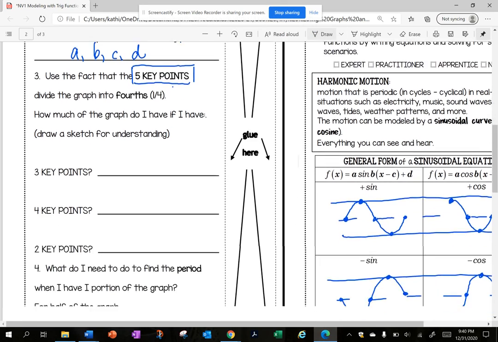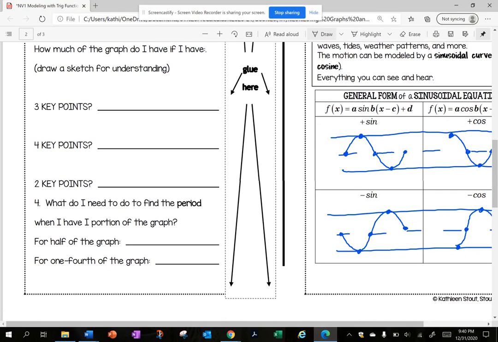So if I don't have the whole graph, I can still figure out the period. I have this circle in fourths. So if I have 3 points, how much of the unit circle do I have?